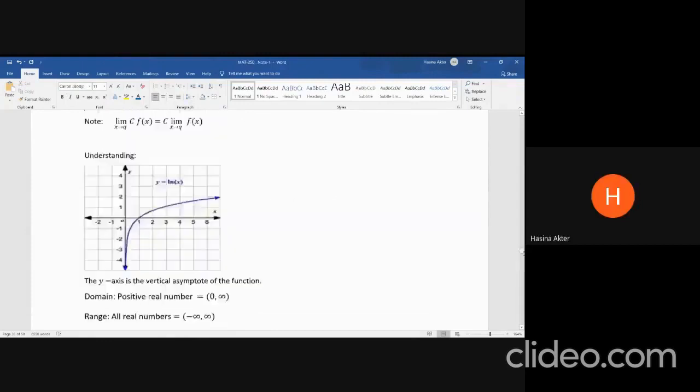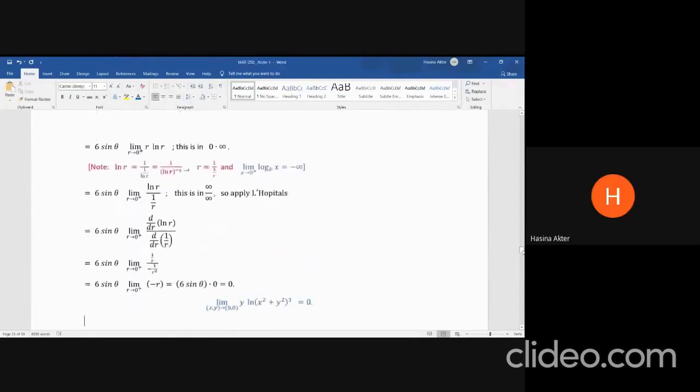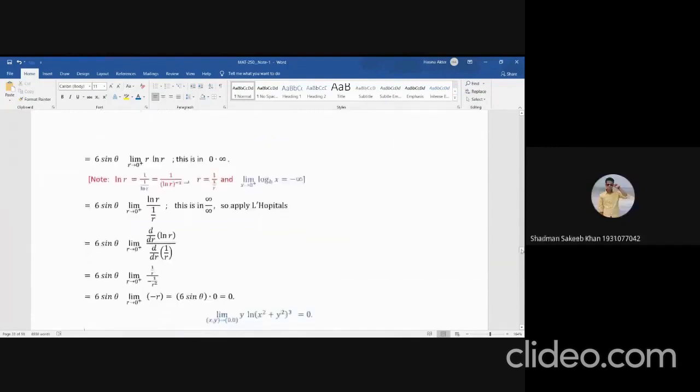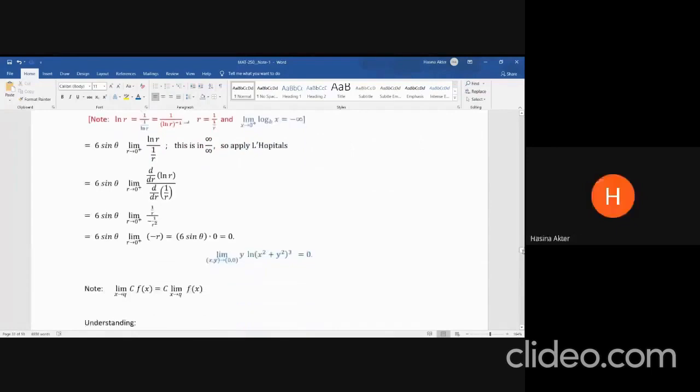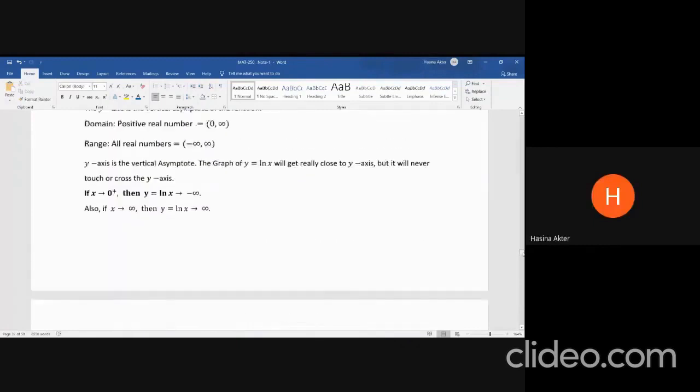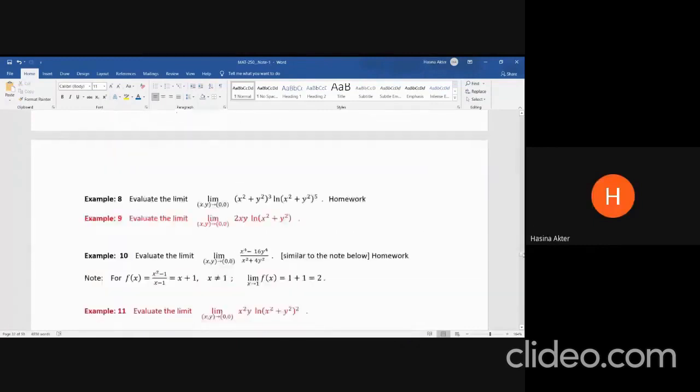So shall I continue, or you have questions on this exercise? Yes, miss, you can continue. Okay then. Finally, I'm done with 13.2. Look at exercise number 8.